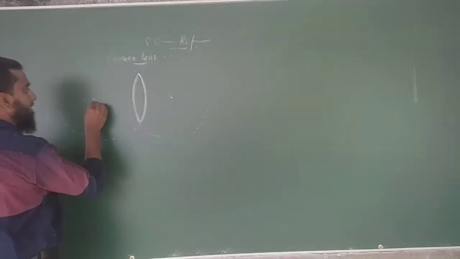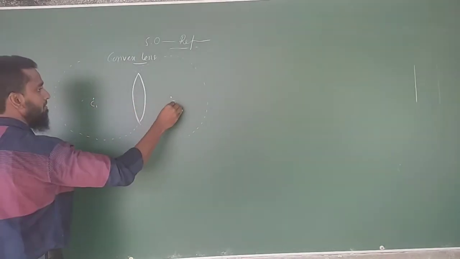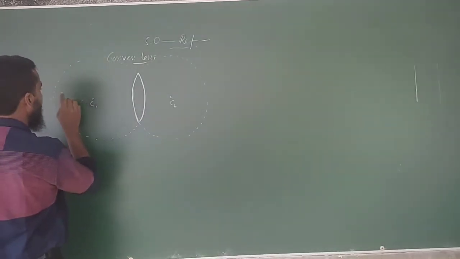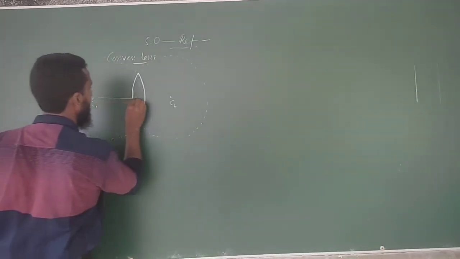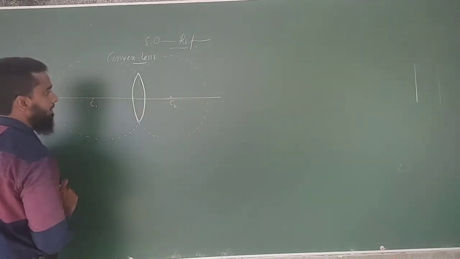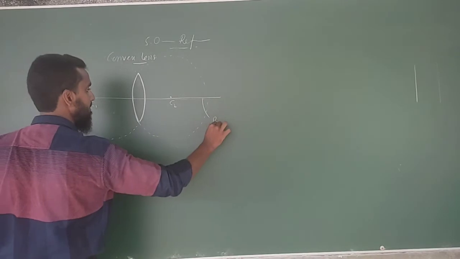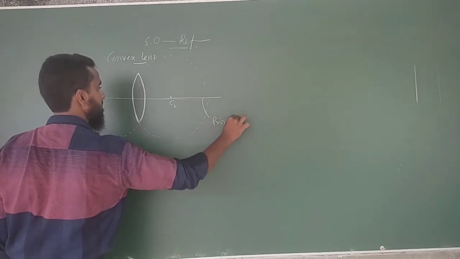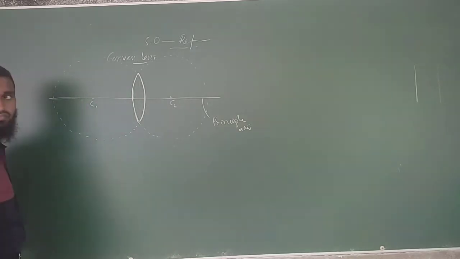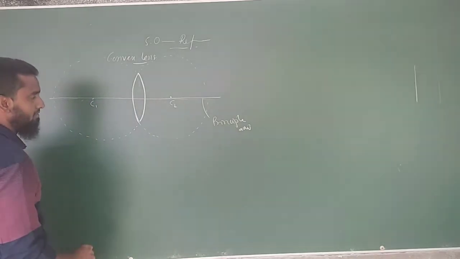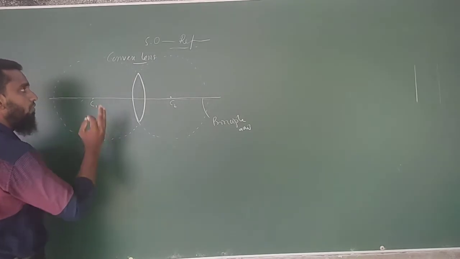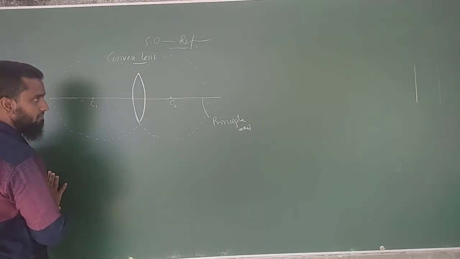If I say this is C1 and this is C2, if you connect these two, C1 and C2, by drawing a line, this line is known as the principal axis. Then the first part of the diagram of a convex lens is this.